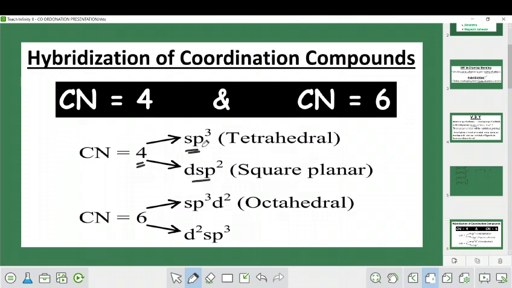As you are already aware of the geometry related to sp3, in sp3 hybridization the geometry will be tetrahedral, and in dsp2 hybridization the geometry will be square planar. Similarly, in coordination number 6, the overall geometry will be octahedral, and there are two possibilities of hybridization.